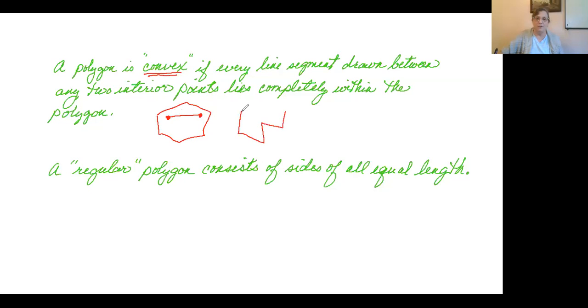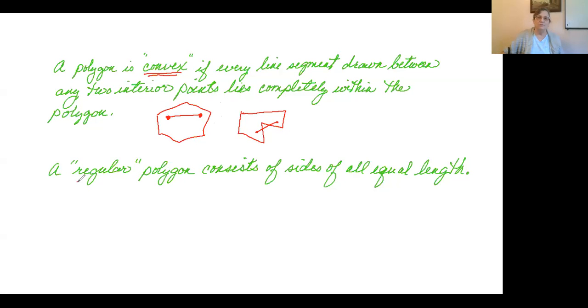If we draw a shape like this, it is not convex because I can draw these 2 interior points, but when I draw the line segment between them, part of it falls on the outside. So to be convex, it basically means that all of the angles have to point out.